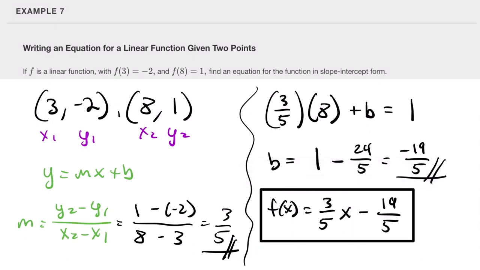So when x is 3, 9 over 5 minus 19 over 5 is a negative 10 over 5, which is negative 2. That one checks out. And then when x is 8, 8 times 3 is 24. So 24 minus 19 is what? 5 over 5, which is 1. Okay. So this linear function satisfies the two given points.